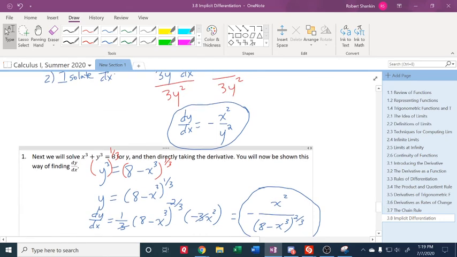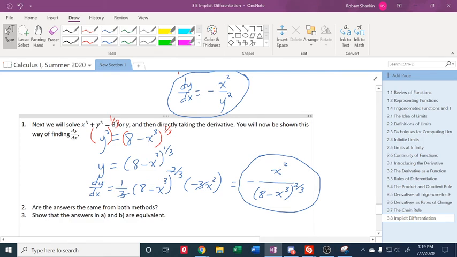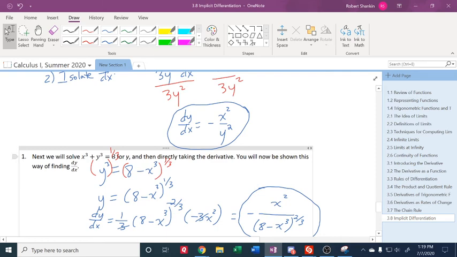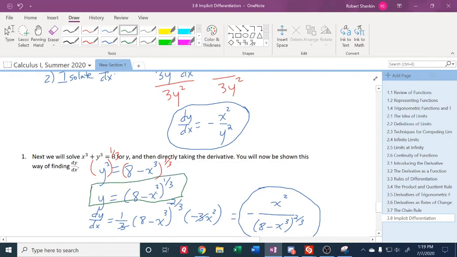But then you might say, hey, these answers don't look the same. But actually they are. Let me point out that, look, when we solved this thing for y, what did we get? We got this for the y.